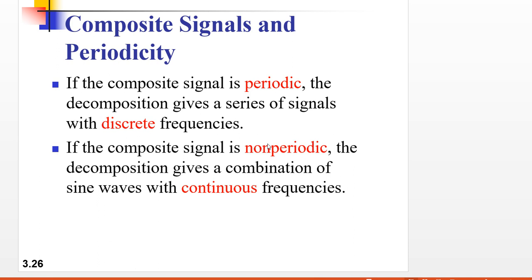If the composite signal is periodic and you decompose it, meaning split the signal, the decomposition gives a series of signals with discrete frequencies. If the composite signal is non-periodic, the decomposition gives a combination of sine waves with continuous frequencies. This is all about periodic and non-periodic composite signals.